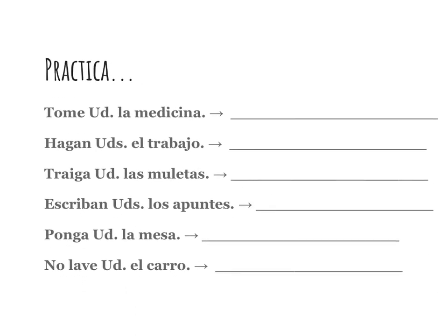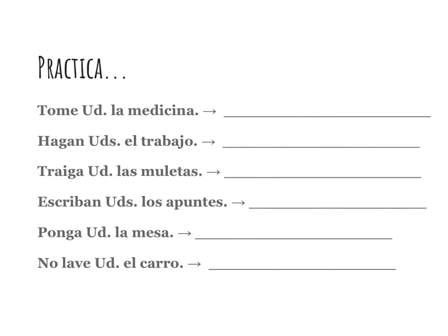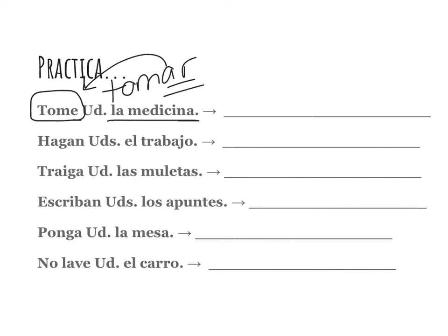So here we have some practice ones that I want to work with you guys together, okay? So first thing is the verb, this verb comes from tomar. It has opposite endings, so it already is conjugated in the correct command. But now I want us to say, take the medicine.